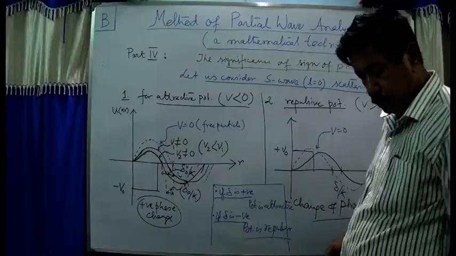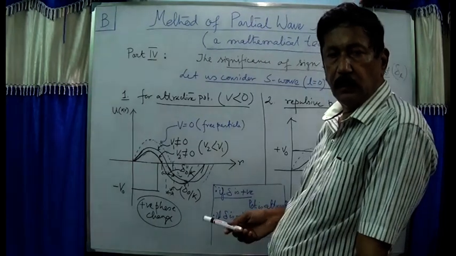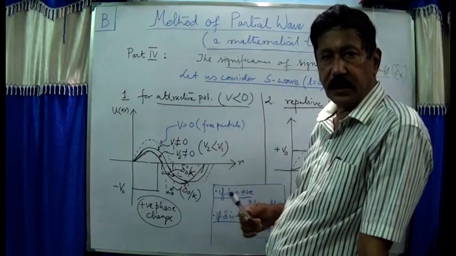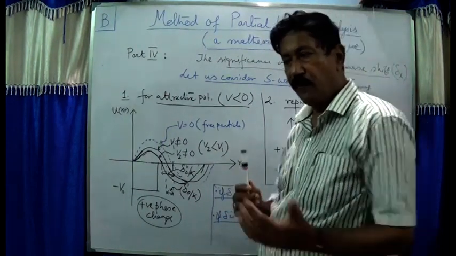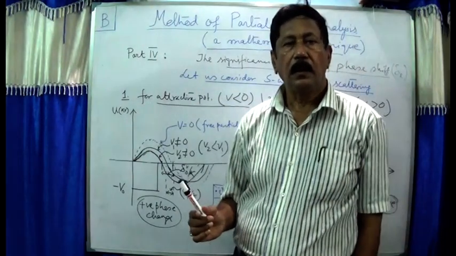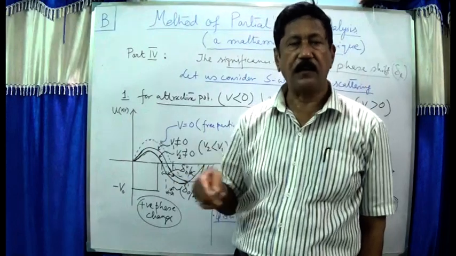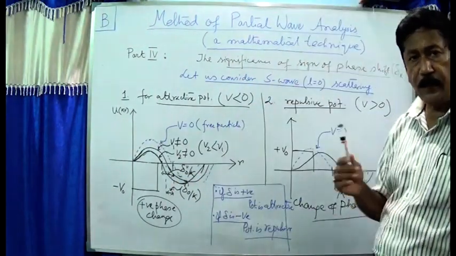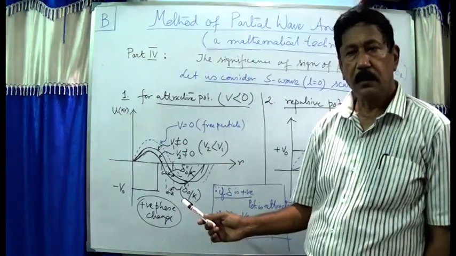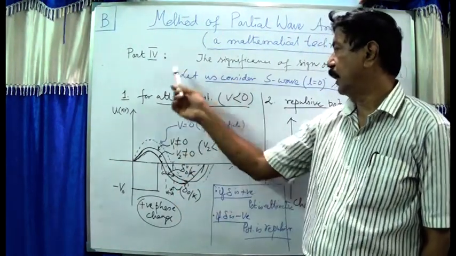Okay. So now we arrive at the end point of our discussion relating to the change of phase and its sign. The change of phase is a manifestation of interaction of the incident wave with the scattering potential. And if that manifestation appears positively, then the potential will be of attractive type.